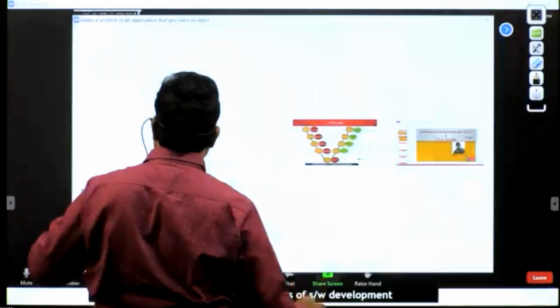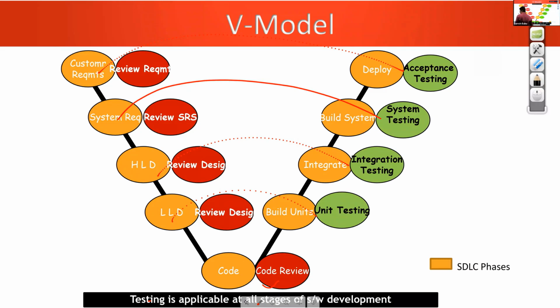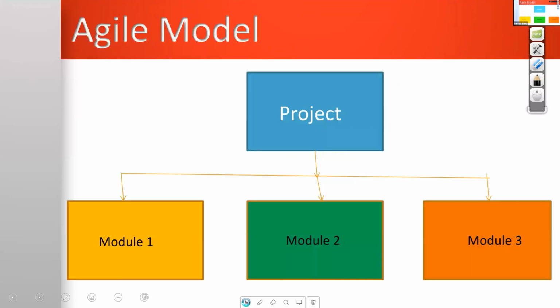Listen, friends, at this moment I'll brief about the Agile model. We have a separate module, Agile model and Agile testing. As of now, we do not know even how to write scenarios and test cases.